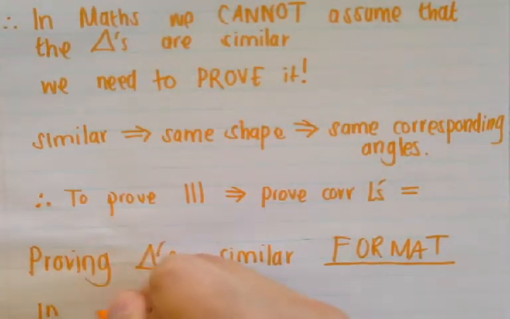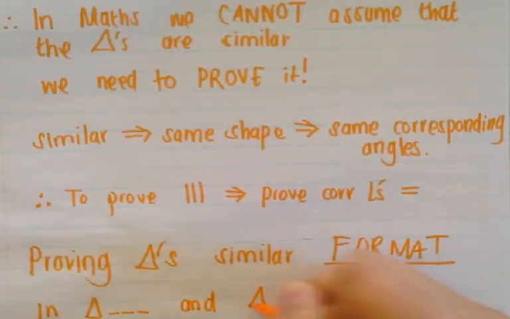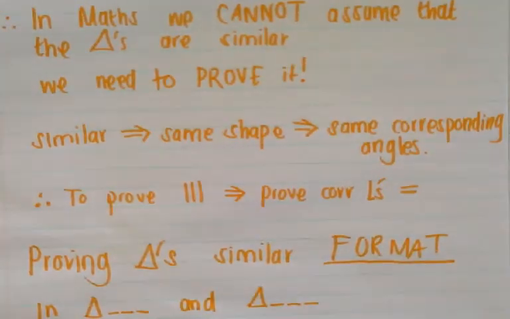Since we will always be comparing two triangles, I need to know which triangles I am working with. And since triangles have 3 sides, a triangle name has 3 letters.